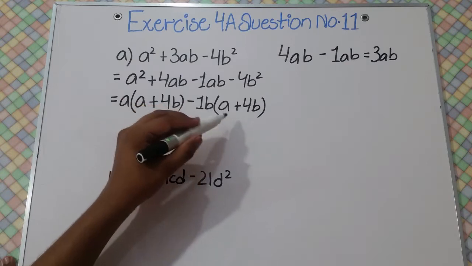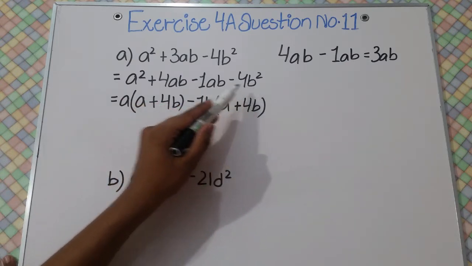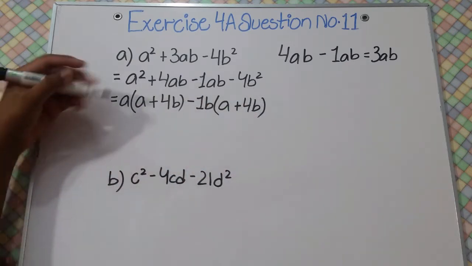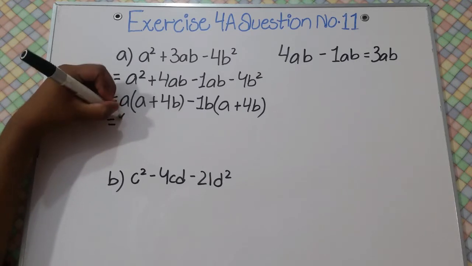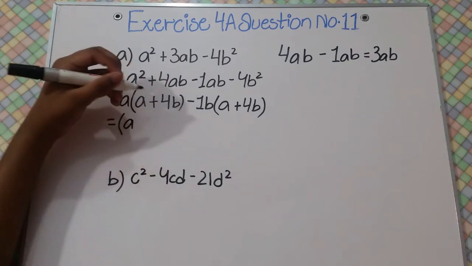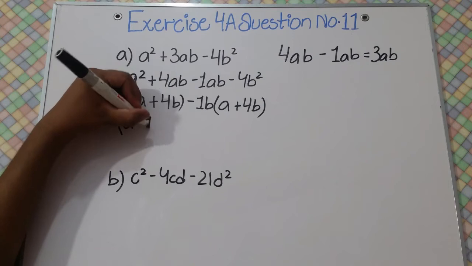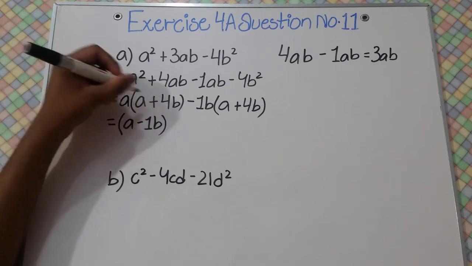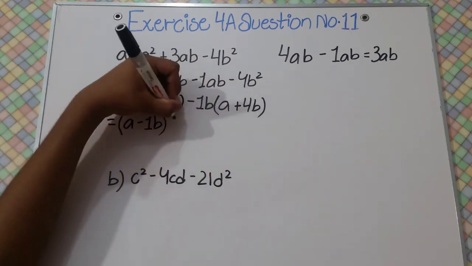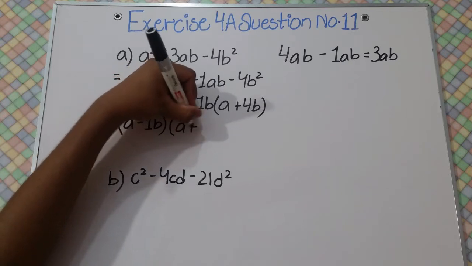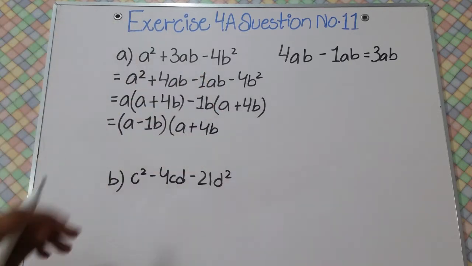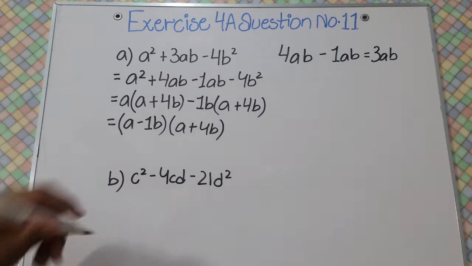If we solve these, the answer would be the same as the previous expression. Now one time we are going to write a minus 1b and one time a plus 4b. So this was part A.